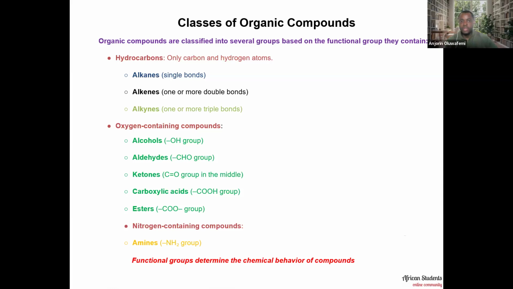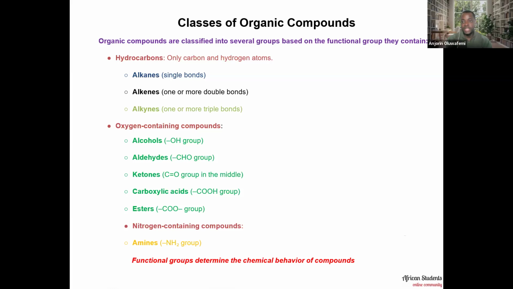Alkanes have a single bond, which is like the functional group; it compels a particular behavior and reactivity. So a certain functional group will either limit an organic compound from being able to react, or give it the propensity to get involved in many reactions.